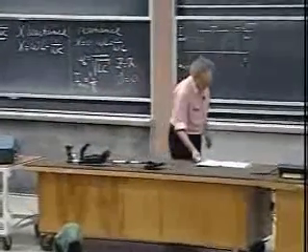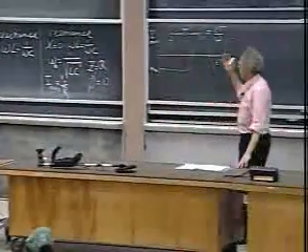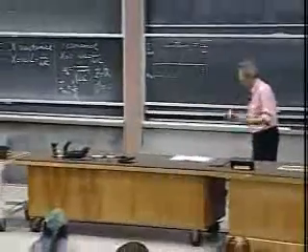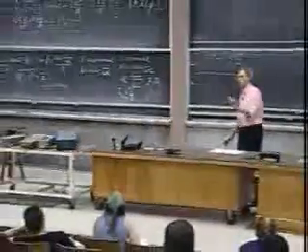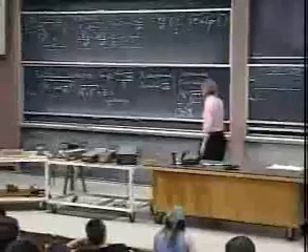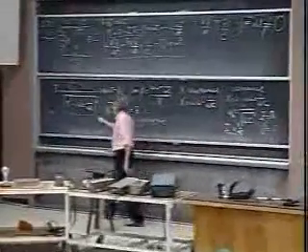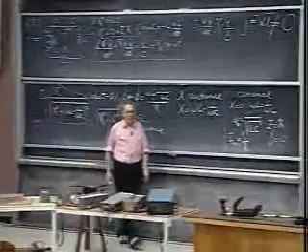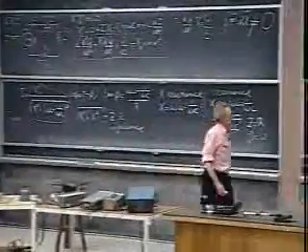Imagine that we have an LRC circuit, and we have L and R and C fixed, but we change the driving frequency. So we move over various values of Z by changing omega from a very low value to a very high value.